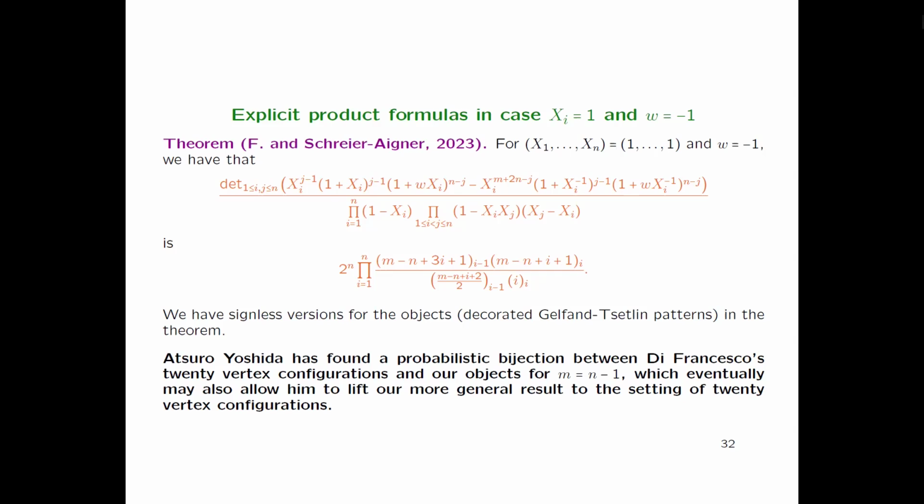There is one, and what we don't have so far is that we want to pull the result that we have with this more general m to the 20 vertex model side, and the hope is that this bijection can actually do that in the end. But we don't know yet. In any case, one can explain why our objects for m equal to n minus 1 are just the 20 vertex configurations.